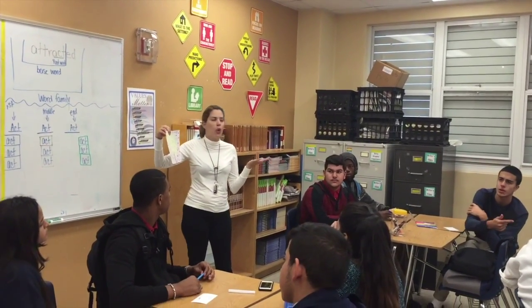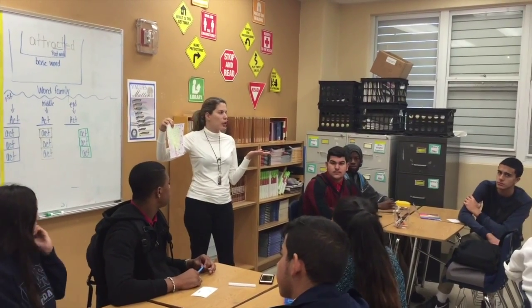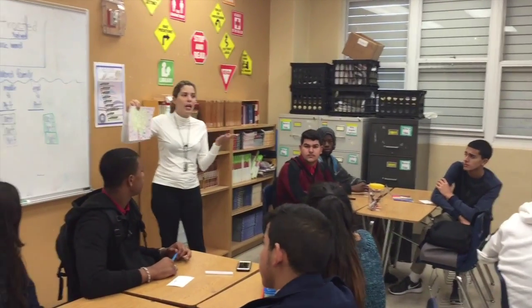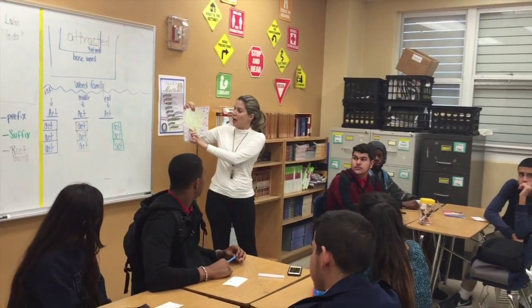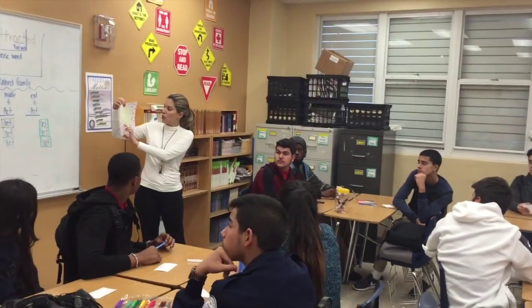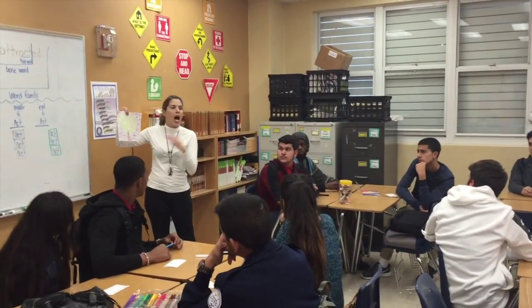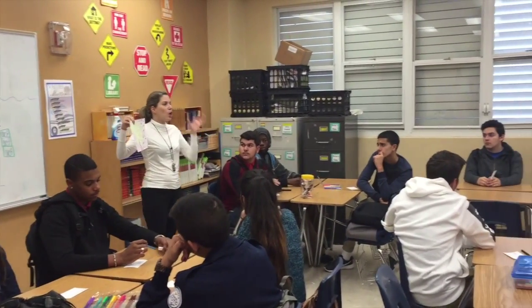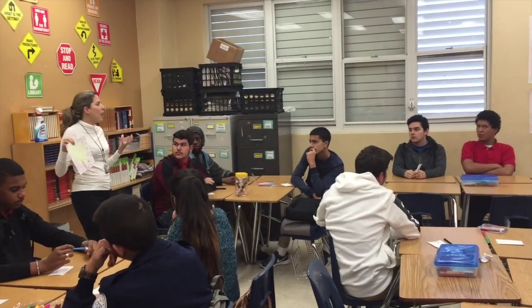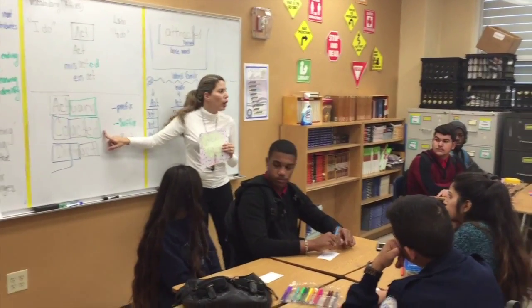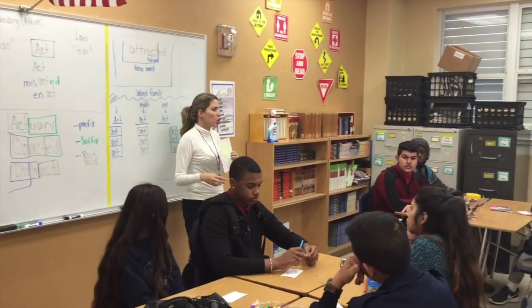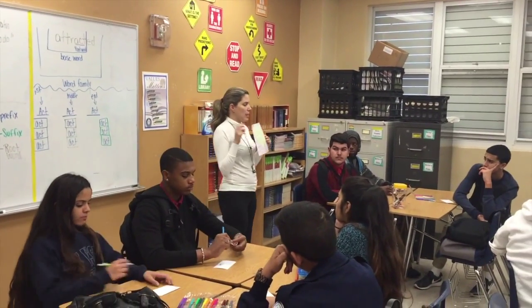Where is the root word found? In the middle, very good. So they used character, characterized, characterization, and characters as part of their word family. The word family comes together when you change the end of the word or the beginning of the word. So you can do that to create the word families.